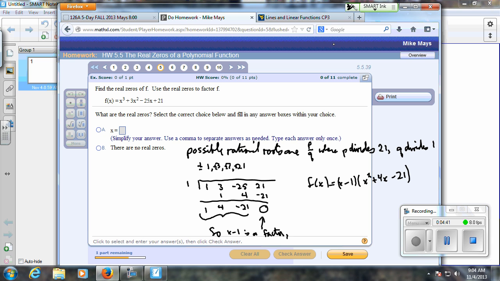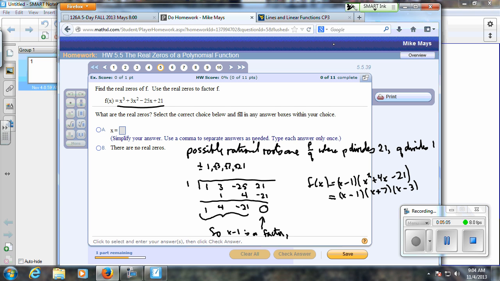And so the cubic that I started with has this factorization, and what's left over, the complementary factor, is a quadratic, and I can look at that, and in fact it factors by inspection. X squared plus 4x minus 21 factors as x plus 7 times x minus 3.